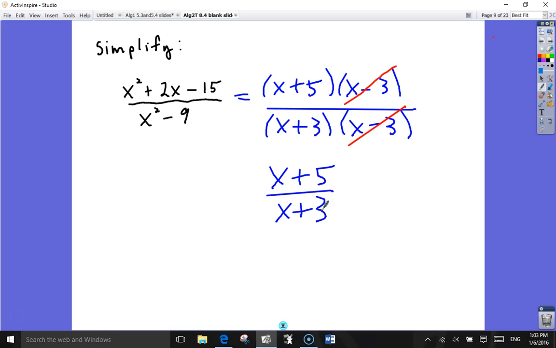Not quite right. x does not equal -3 is the domain, right? But that's actually not the entire domain. Before you canceled that factor there, you have to take into account domain. The domain was actually x does not equal -3 or 3. Even though at the end you canceled out the x minus 3.